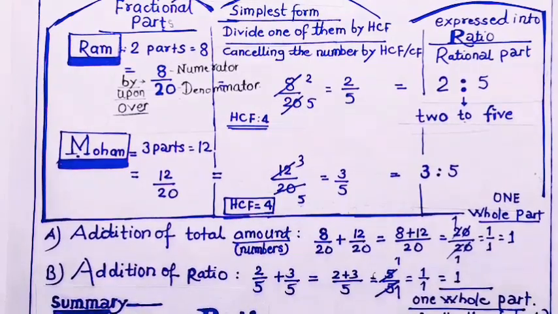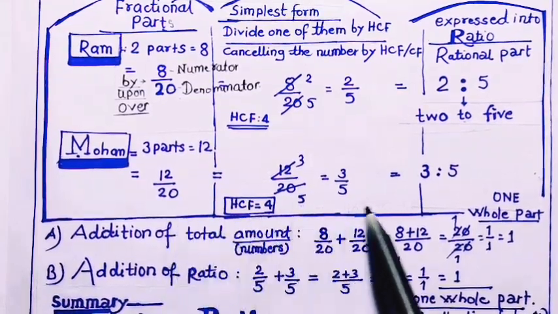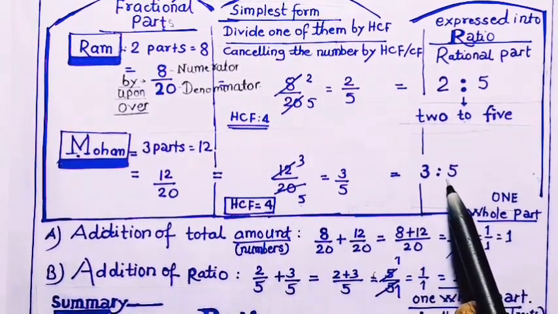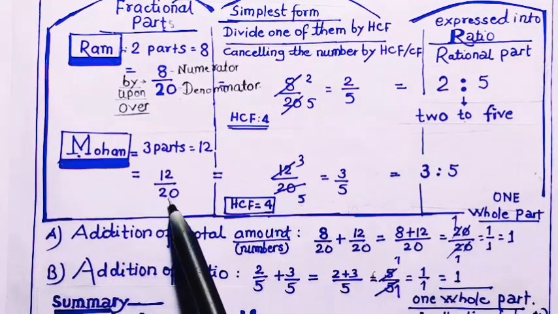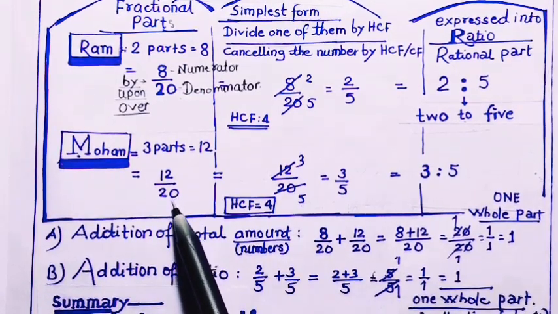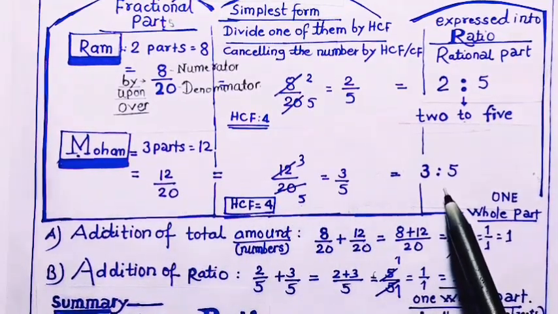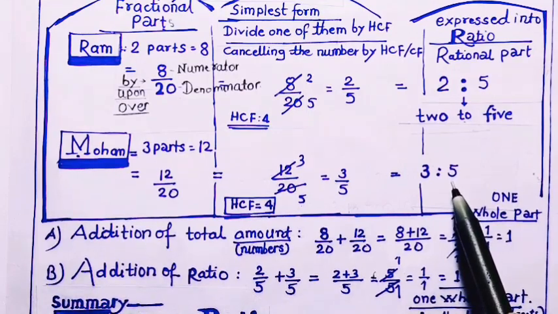In this way there is a difference between the fractional number and the number of ratio. The fractional number tells about the exact quantity of the objects, but the number of ratio tells about the proportional relationship between the objects.